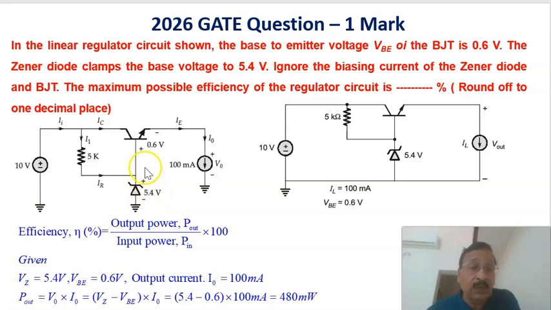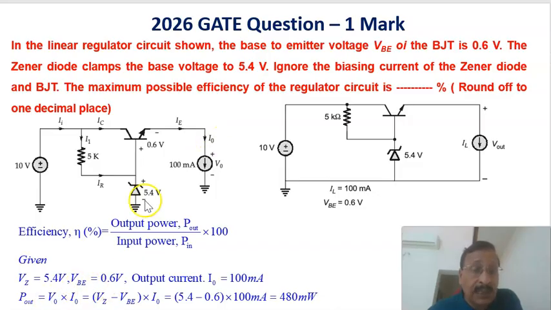For the output voltage, if you write the KVL, Kirchhoff's voltage law, to this loop, this is a potential rise, this is a potential drop, and this is also a potential drop. Therefore the output voltage is equal to 5.4 minus 0.6. Here the Zener voltage VZ is 5.4, VBE is 0.6 volt, and the output load current is 100 milliamperes, so the output power is the output voltage into the current.